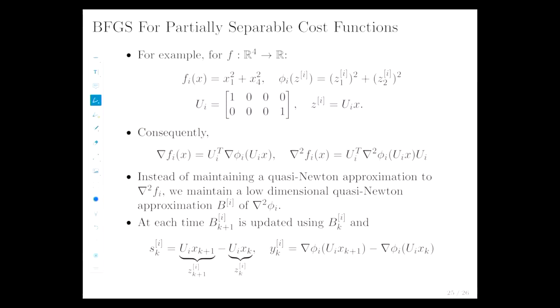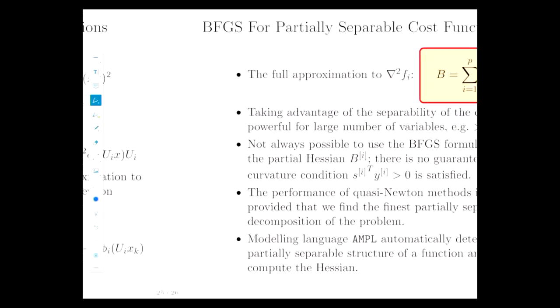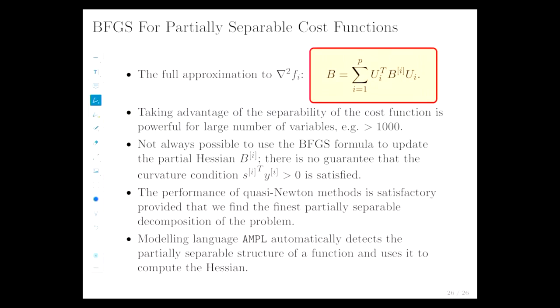So I call B bracket i the approximation of the ith function, and using these local variables, construct these things locally now. This will be shown in your homeworks.